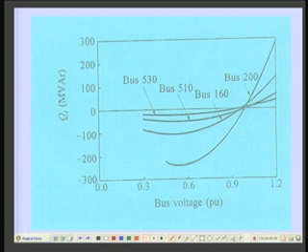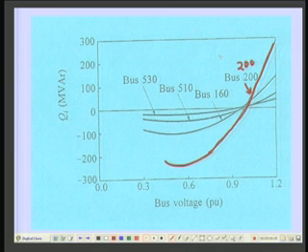Now, these QV curves are shown for different buses. This is the QV curve plotted for bus number 200.